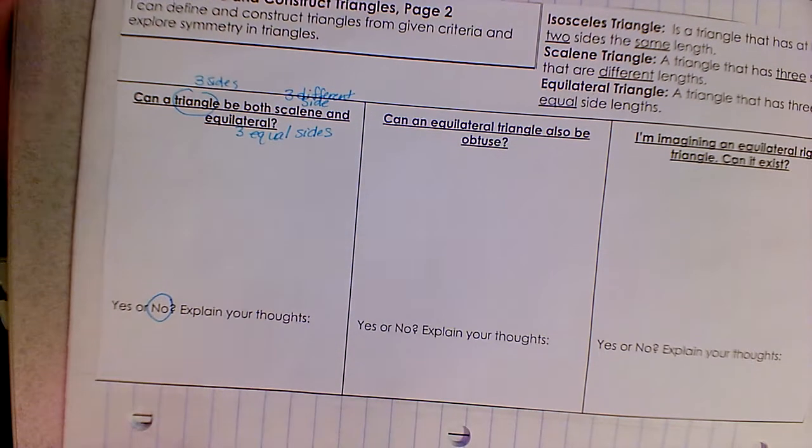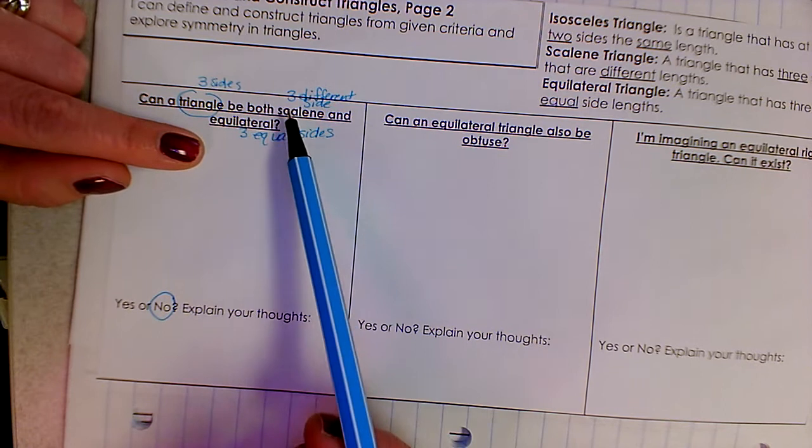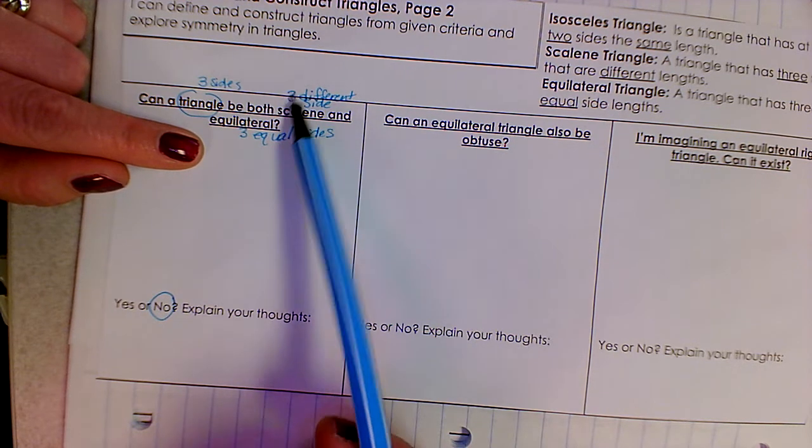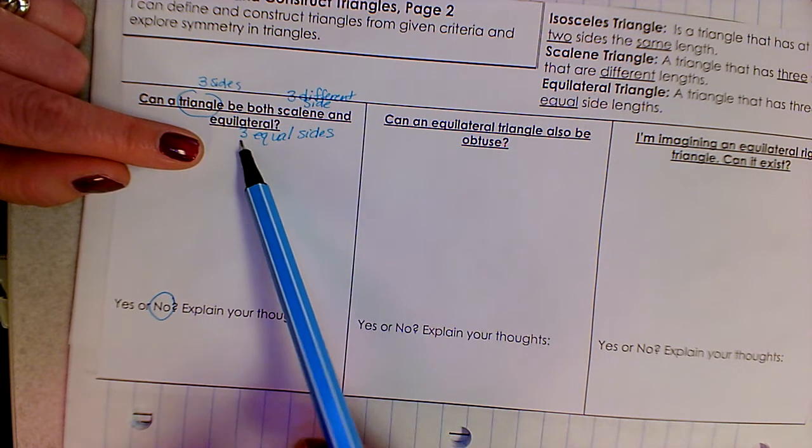Why is it no? Well, if I go back up to that definition, a scalene triangle has 3 different sides, but an equilateral has 3 equal sides.